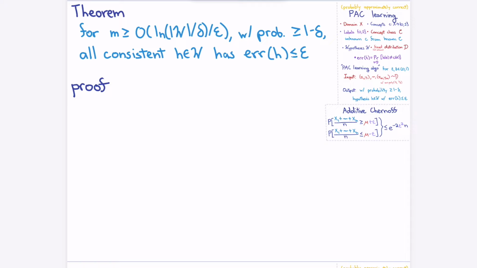So let's propose. The true error, being over the sample distribution, is like having the wrong classification. So what does our algorithm want to avoid outputting?